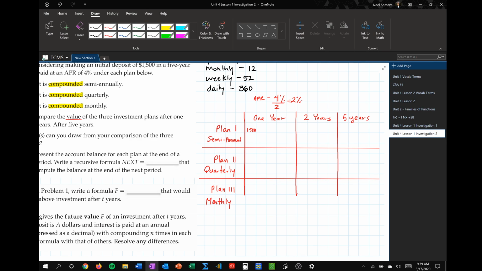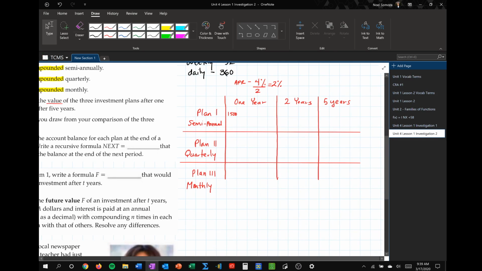So I'm going to break this semi-annual case up into a timeline. Here's when you initially invest $1,500, then here's the 6-month mark, and then the 1 year. I want to know how much interest I've earned after the first 6 months.